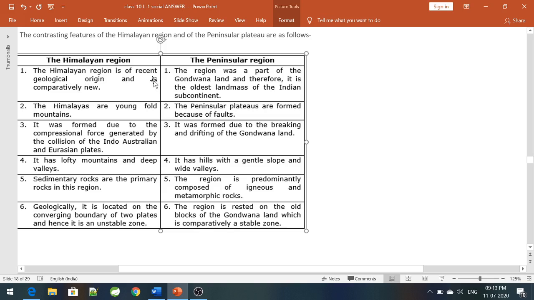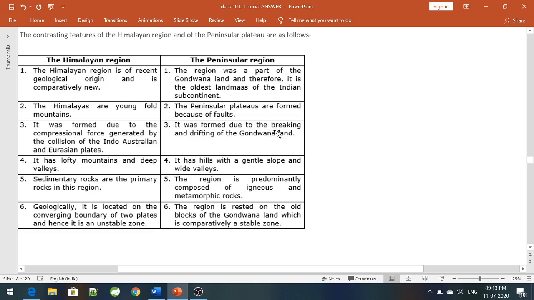The Himalayan region is of recent geological origin and is comparatively new. The peninsular region was a part of Gondwana land and therefore it is the oldest landmass of the Indian subcontinent. The Himalayas are young fold mountains. The peninsular plateaus are formed because of faults. The Himalayas were formed due to the compression force generated by the collision of the Indo-Australian and Eurasian plates.